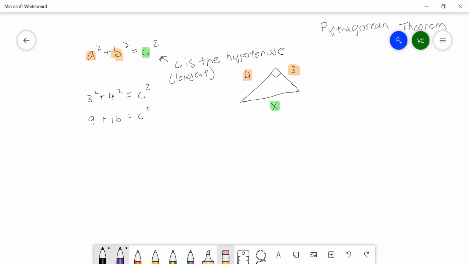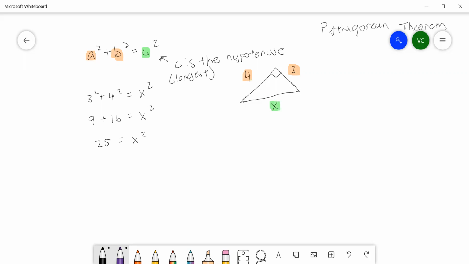Or actually, instead of writing c, I should plug in the x, right? So x squared, because we're plugging in that x where the c is. Okay, so 9 plus 16 is 25, and 25 equals x squared.